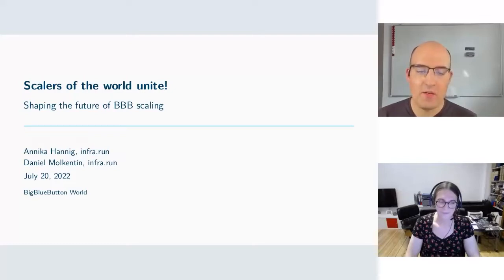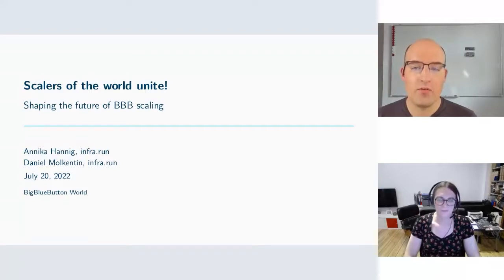So everyone who's here to see a comparison of scalars with in-depth feature comparison, that is not what we're doing. What we're going to do is look at several scalars and try to see what they have in common and what they don't. Then the plan is to derive some future perspective for scaling of BBB, and maybe we come to a common understanding.